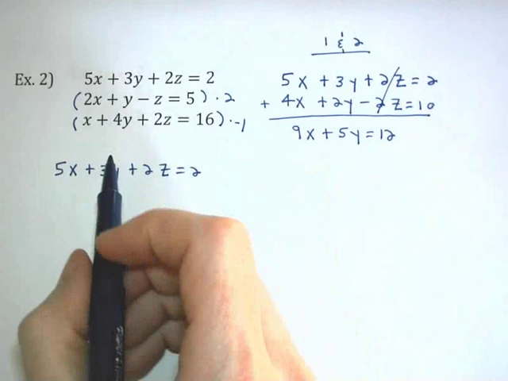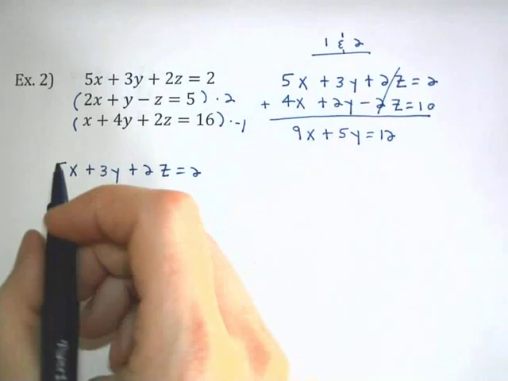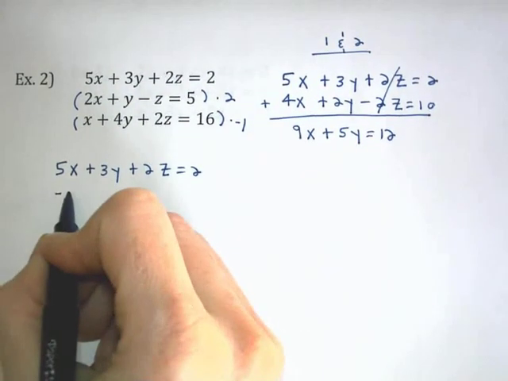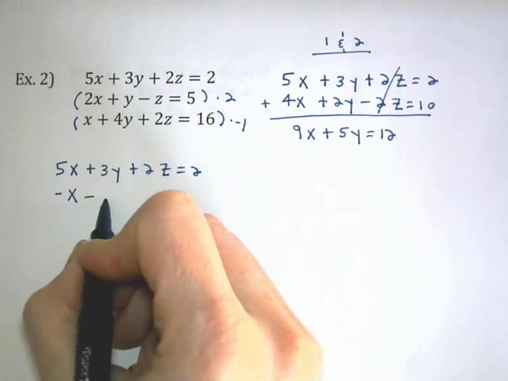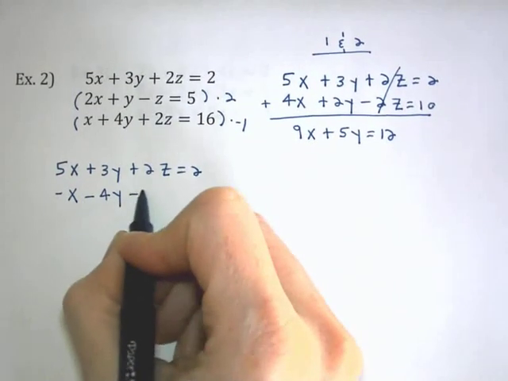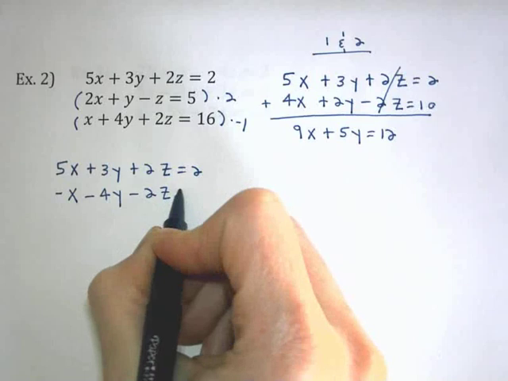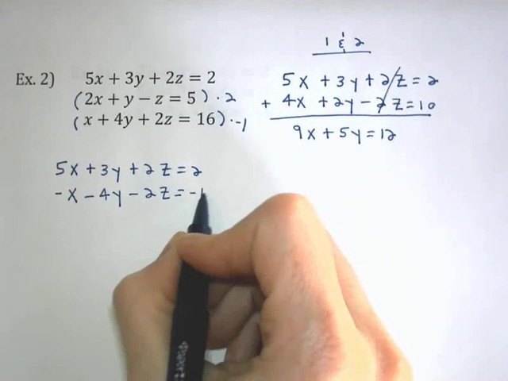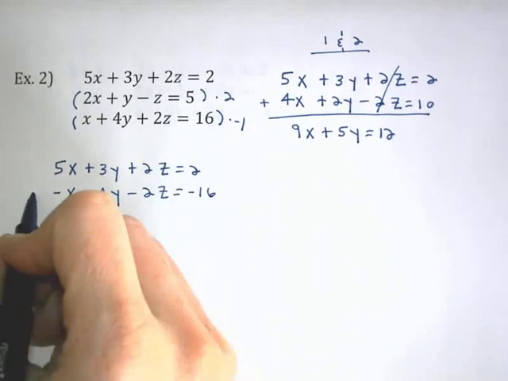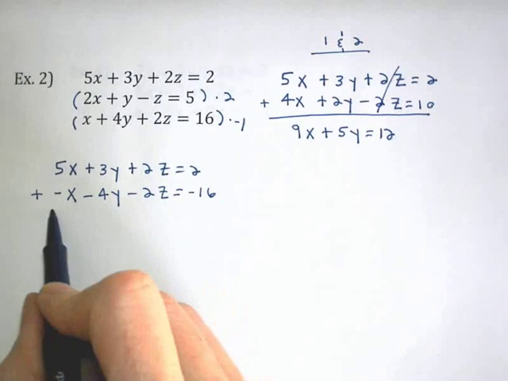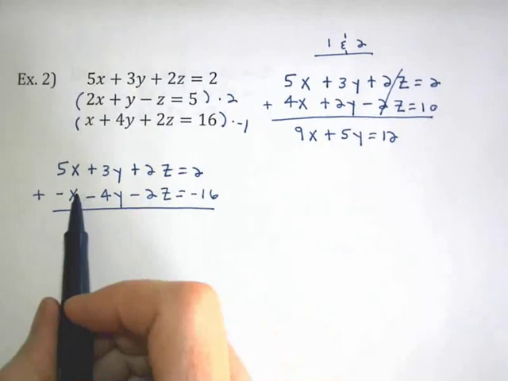And then now I'm ready to multiply this third equation by -1, which is essentially just going to change all my signs. So it's going to be -x minus 4y minus 2z equals -16. And now I can add my two equations together.